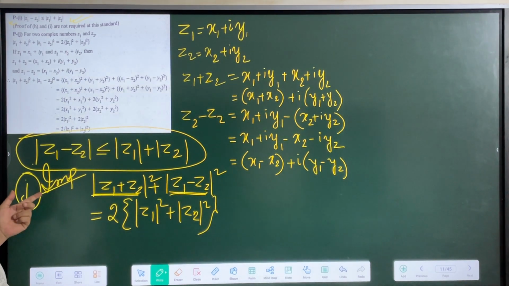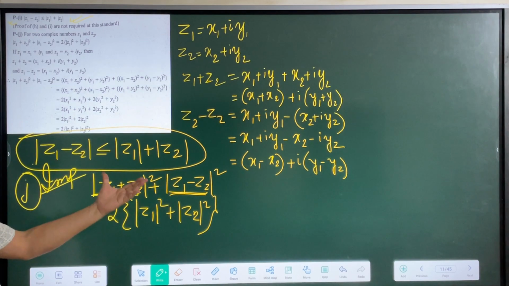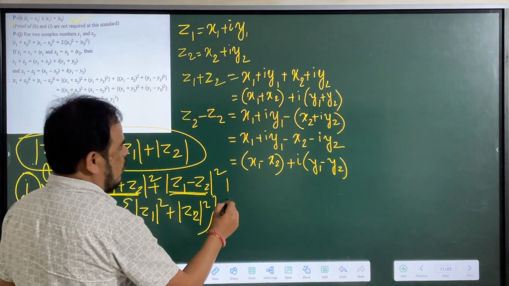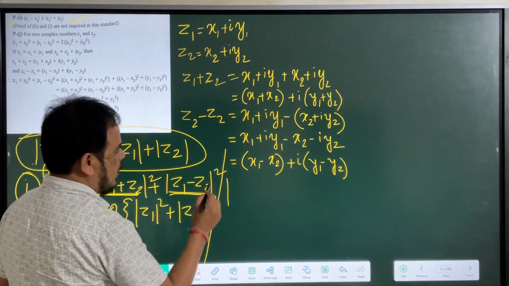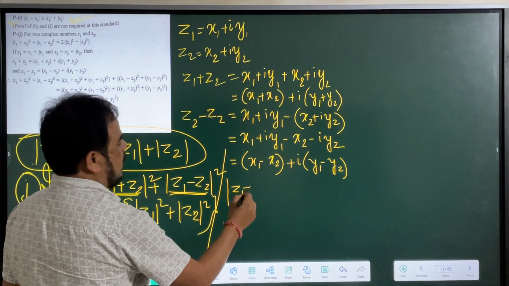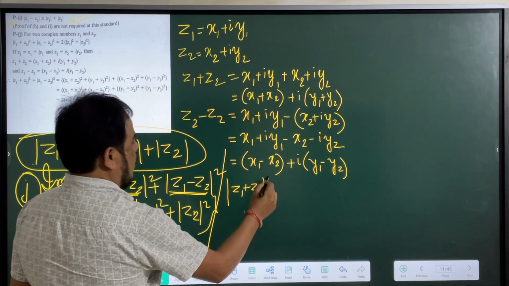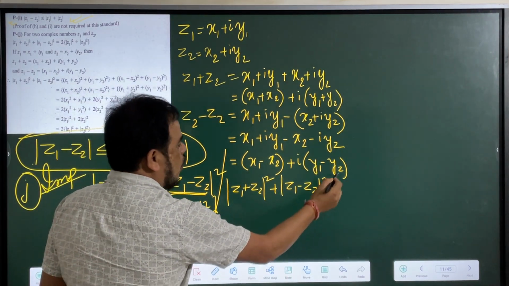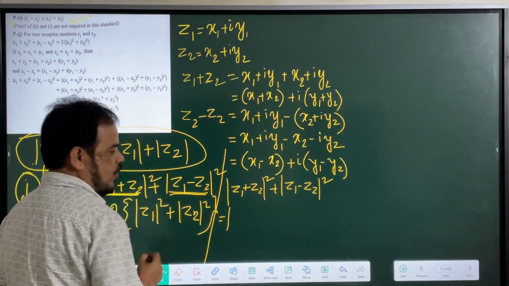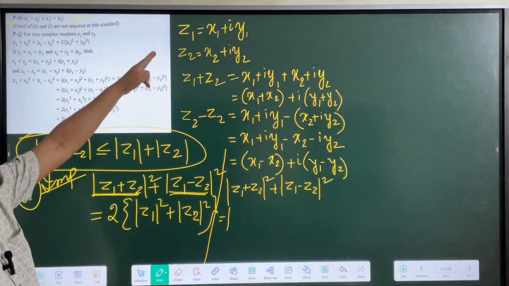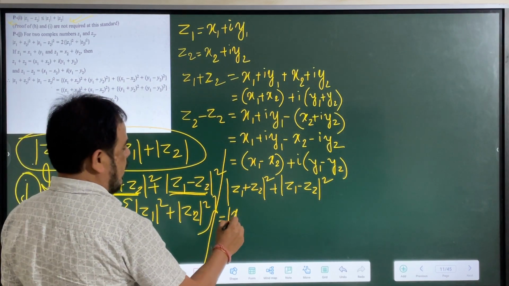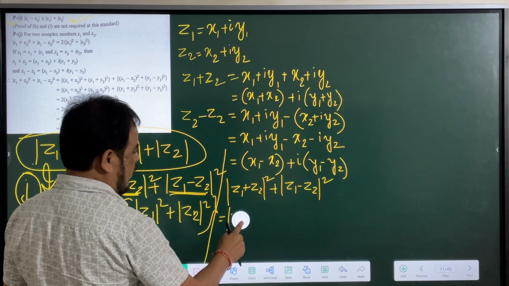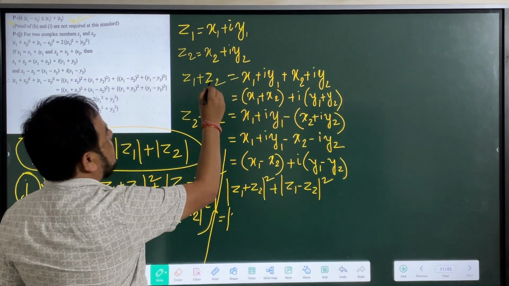Now what we will do is as given: the left hand side. What is given? Modulus of Z1 plus Z2 square plus modulus of Z1 minus Z2 square. So we will write as it is now. Z1 plus Z2 we have done already.